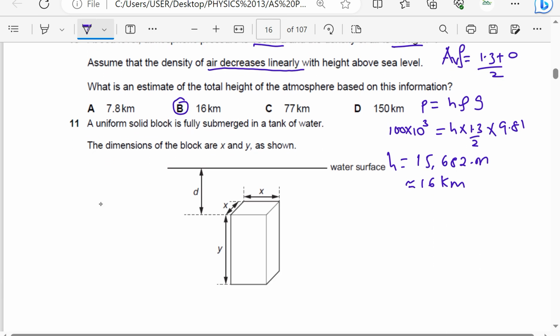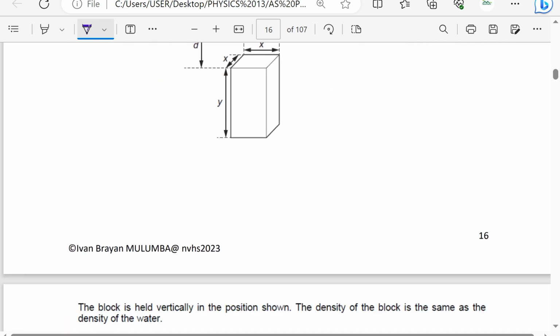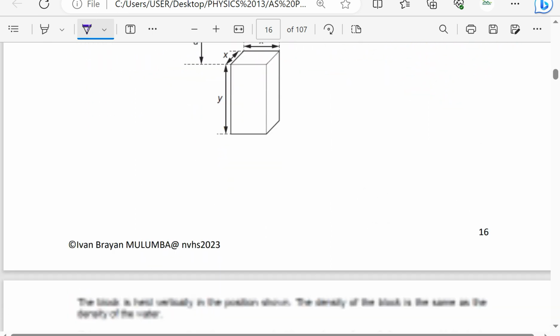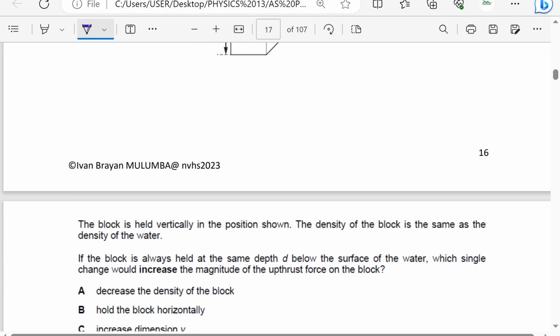A uniform solid block is fully submerged in a tank. The dimensions of the block are x and y as shown in that diagram. So they've given us the dimensions. The block is held vertically in position. The density of the block is the same as the density of the water.